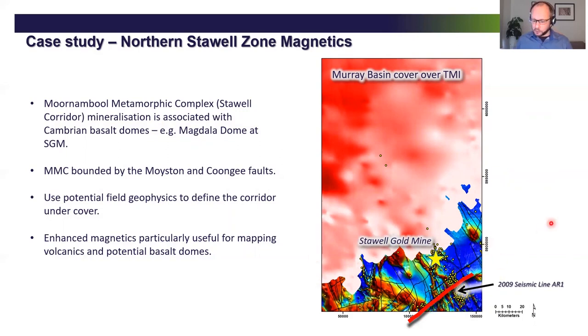You can see where Stawell gold mine is in association to the line there. So the model for this region is the Stawell corridor, which is the Moorabool metamorphic complex, and mineralization here is associated with Cambrian basalt domes that we can identify in the magnetics in the south and utilize the magnetics under cover as well.